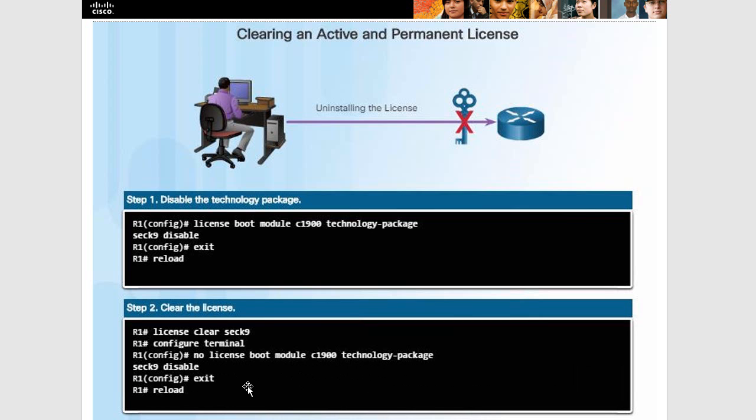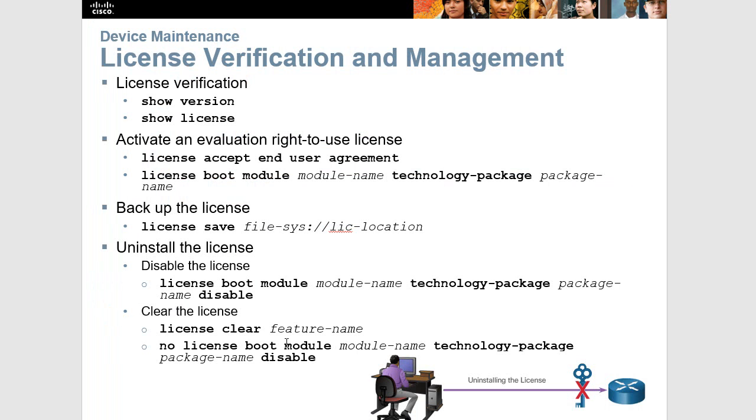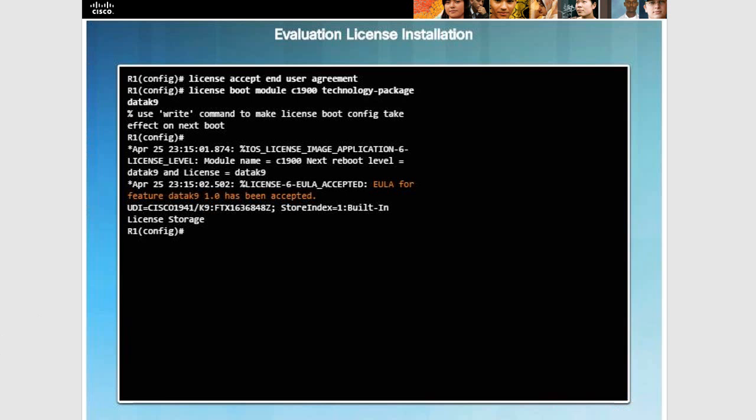If you want to clear them, you can. If you just want to disable, that's this option up here. There's a difference between clearing and disabling. You can re-enable if you've disabled. Clearing clears everything out. So that's about it for the license verification.